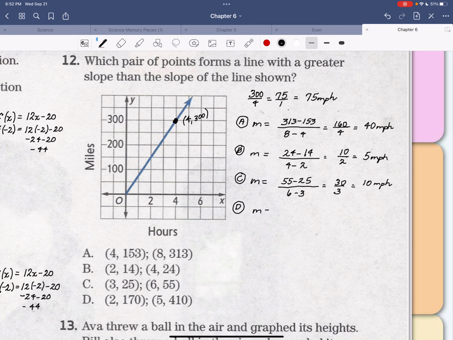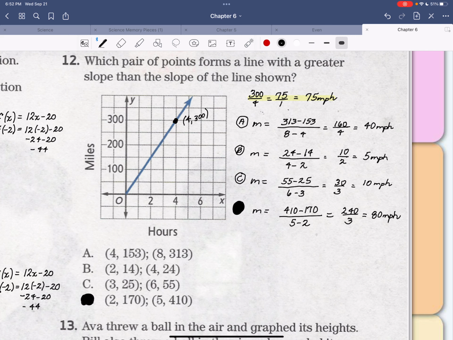And then M equals y sub 2 minus y sub 1 over x sub 2 minus x sub 1. 410 minus 170 is 240. And 240 over 3 is 80. And we're looking for the one that is greater than 75. So I like answer D on this one.